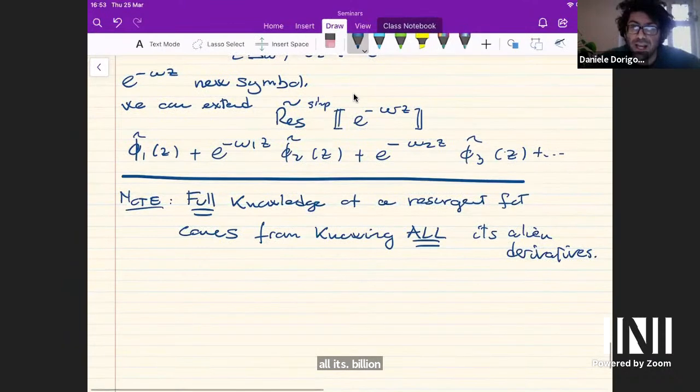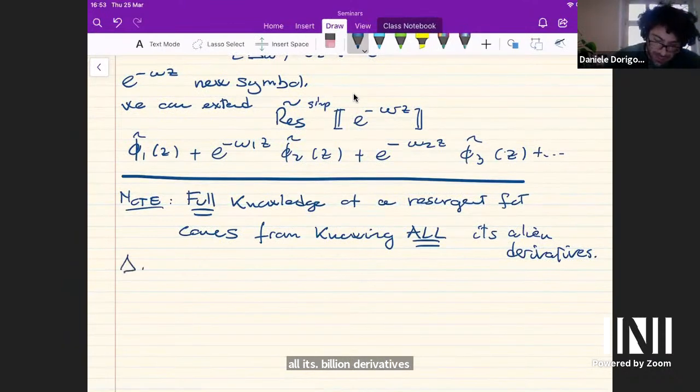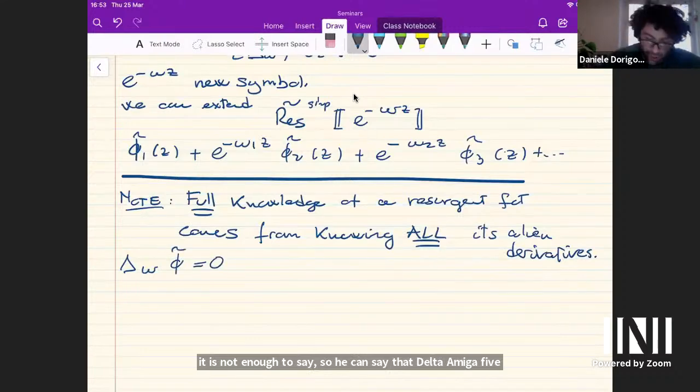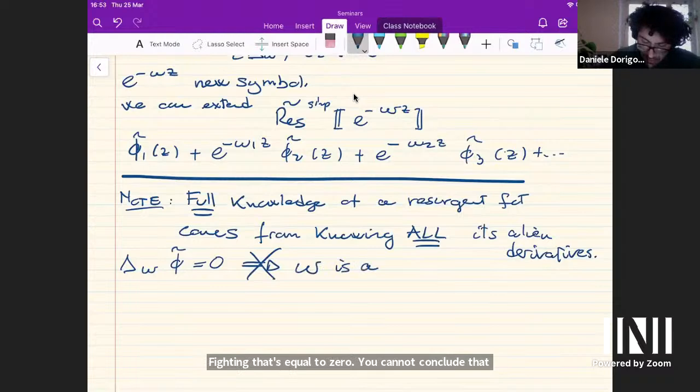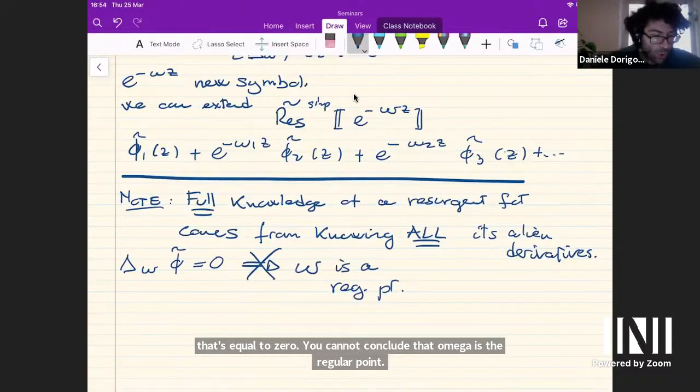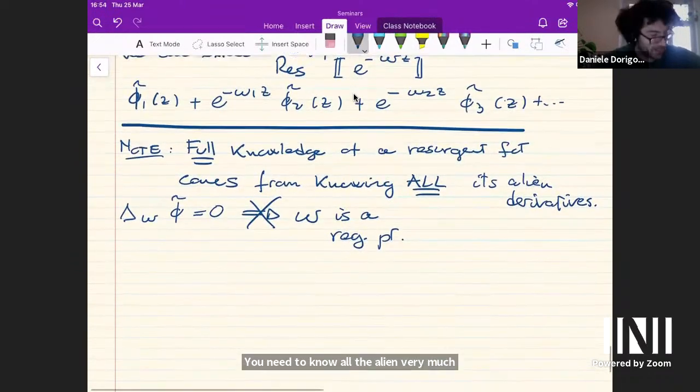It is not enough to say that delta omega of phi tilde is equal to 0; you cannot conclude that omega is a regular point. You need to know all the alien derivatives.